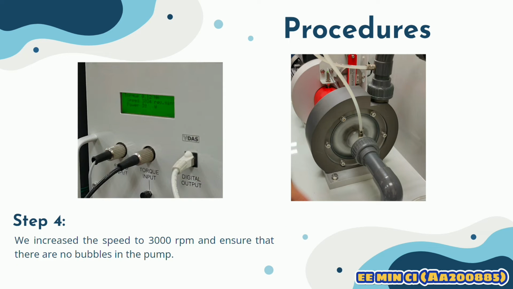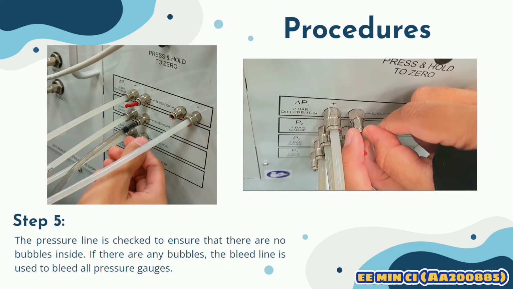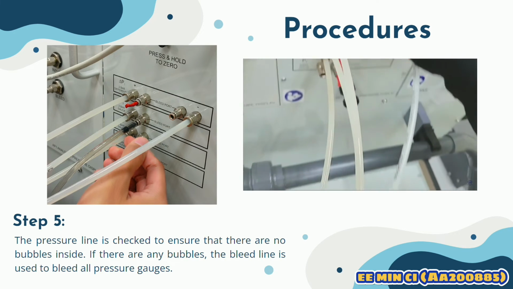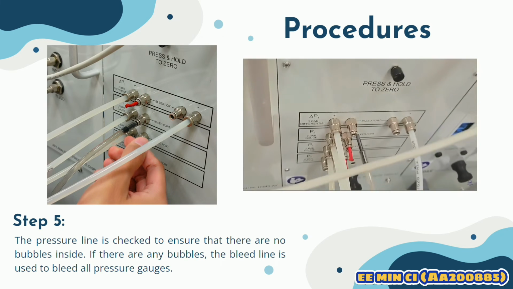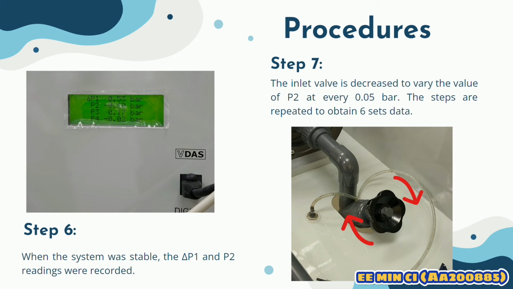Step 4, we increase the speed to 3000 rpm and ensure that there are no bubbles in the pump. The pressure line is checked to ensure that there are no bubbles inside. If there are any bubbles, the bleed line is used to bleed all pressure gauges. Step 6, when the system is stable, the P1 and P2 readings are recorded.